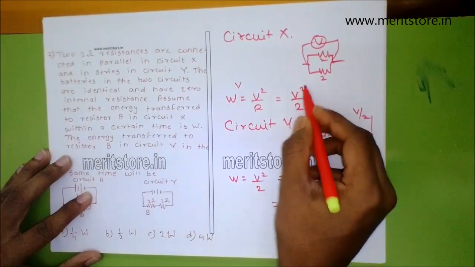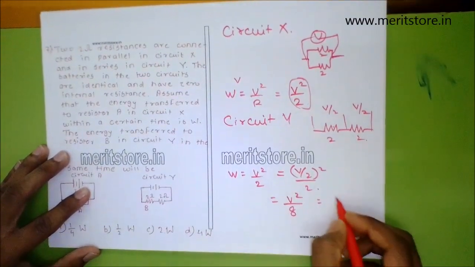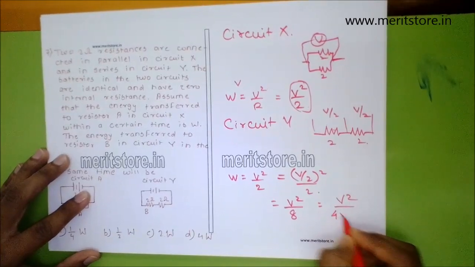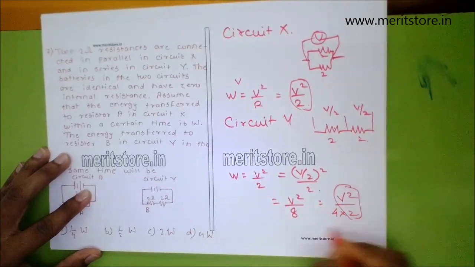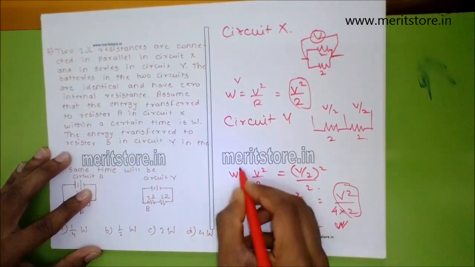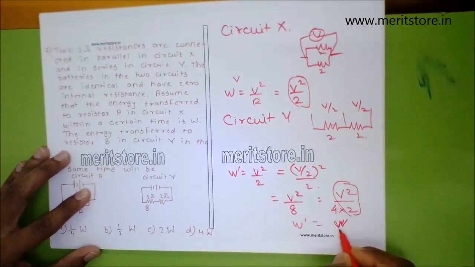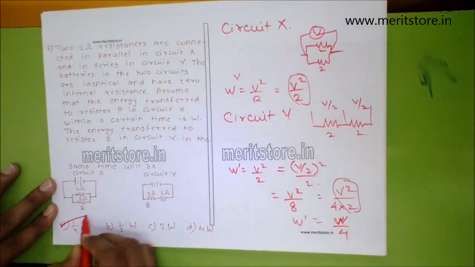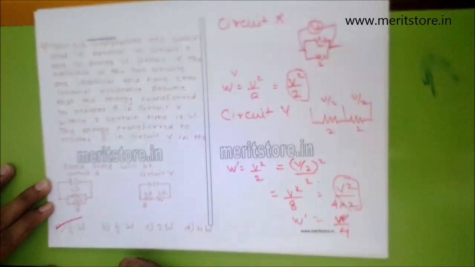That is nothing but, since V square upon 2 is W, so V square upon 4 into 2. This can be written as W. So our new power W dash is nothing but W by 4. That is option A. Option A is the right answer.